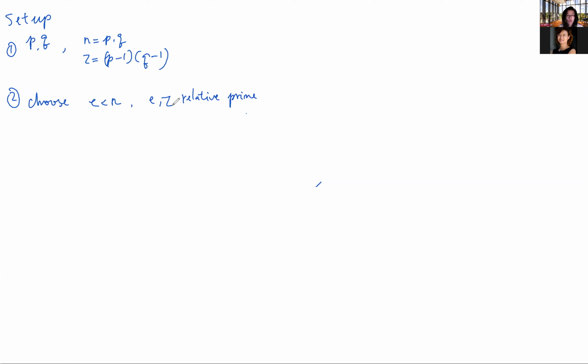And so then you compute D, such that ED mod the totient function equals 1.